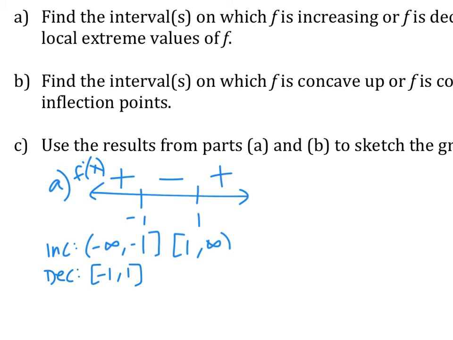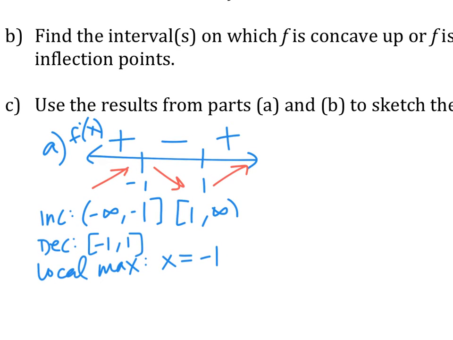To figure out whether something is going to be an extremum, you draw the arrows on your sign chart. So increasing, decreasing, increasing. So where is a local maximum? -1. And if they want the value, then you have to give them the actual y value. Where do you have a local minimum? 1.